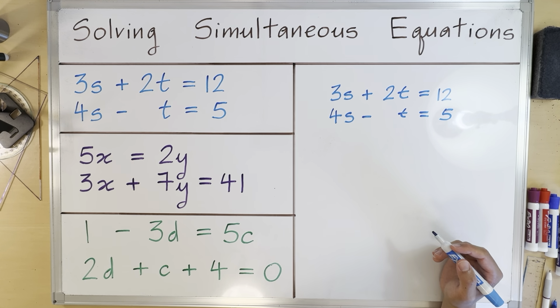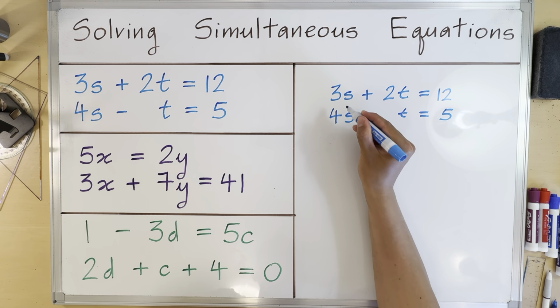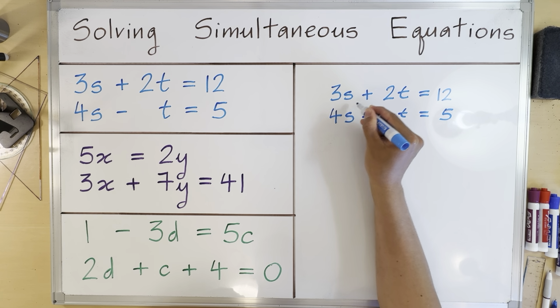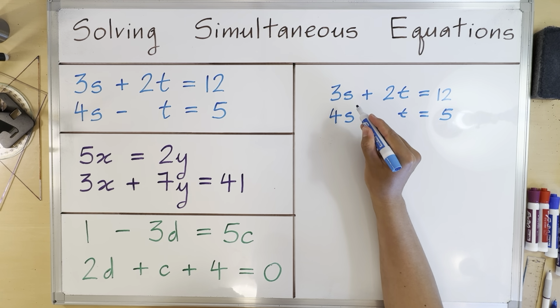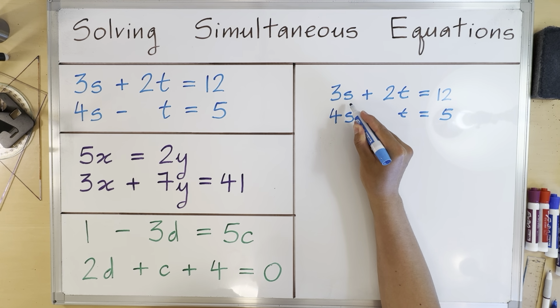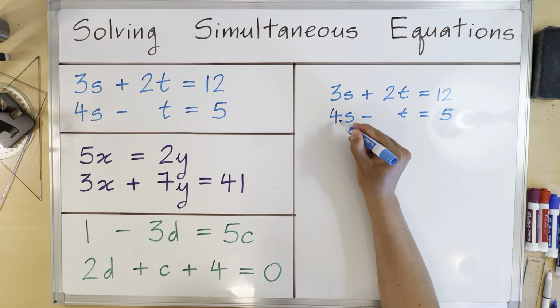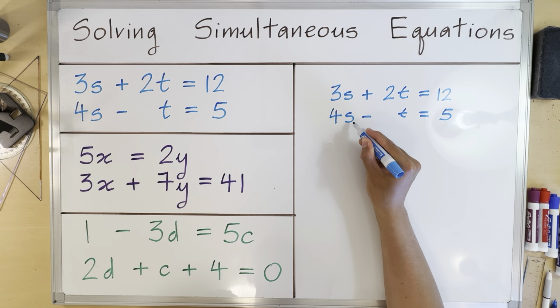Now, the way that we want to do this is that we want to make the number part of the term that contains the unknown variable letter that we're trying to solve exactly the same as the number part of the other term with that same variable letter.